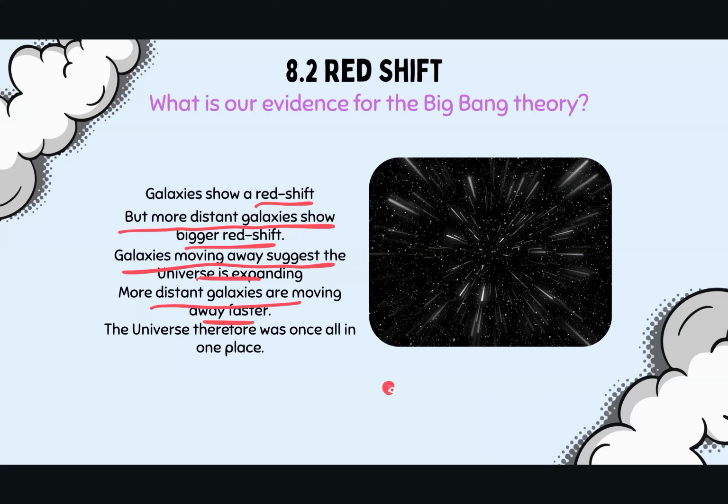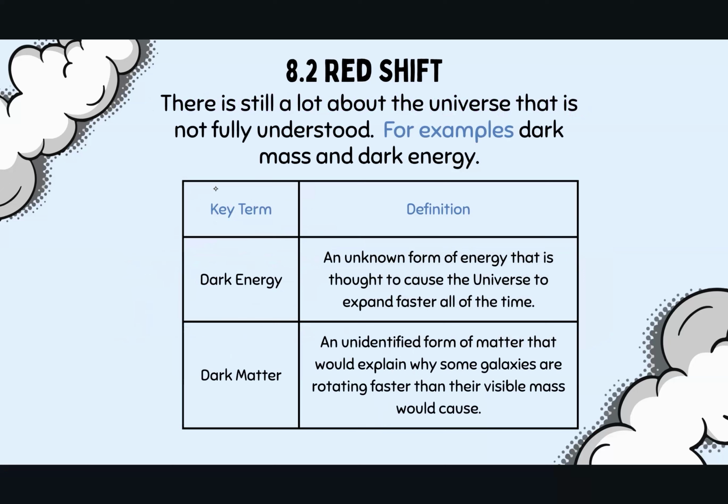Now, there's still a lot about the universe that is not fully understood. For example, dark matter and dark energy. Let's start with dark energy. Dark energy is an unknown form of energy that is thought to cause the universe to expand faster and faster.